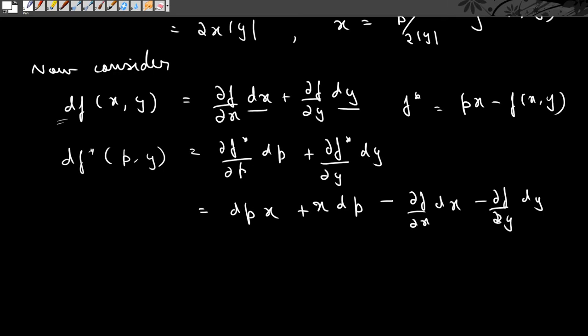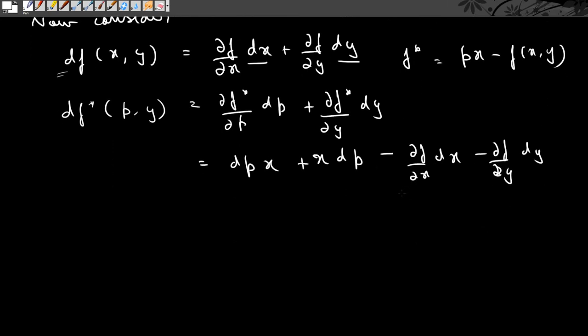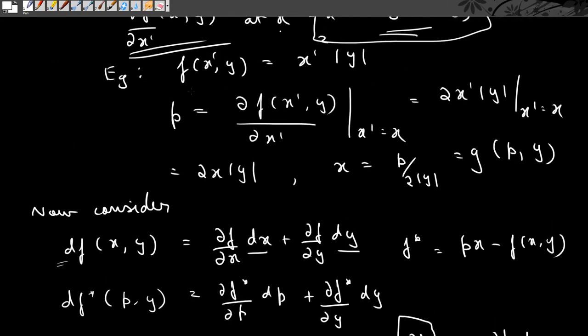But we had seen that this particular value dou f by dou x is basically equal to p because of this relation.